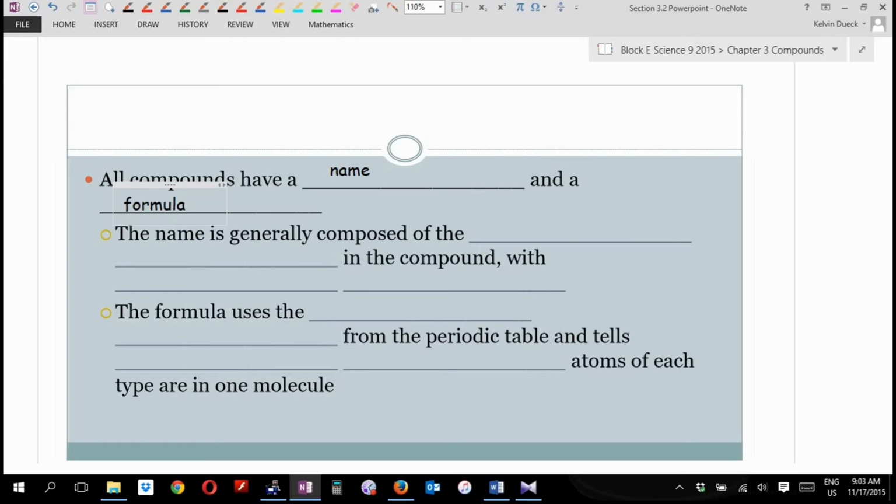The name is generally composed of the names of the elements in the compound. In other words, hydrogen fluoride contains hydrogen and fluorine.